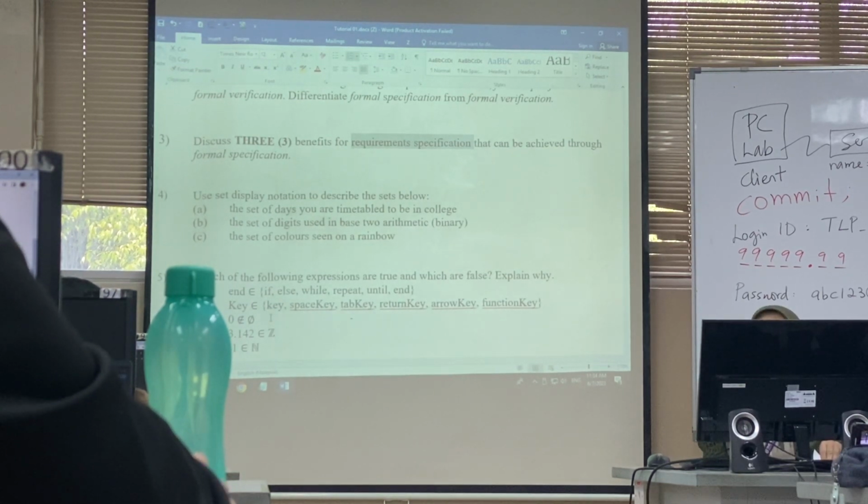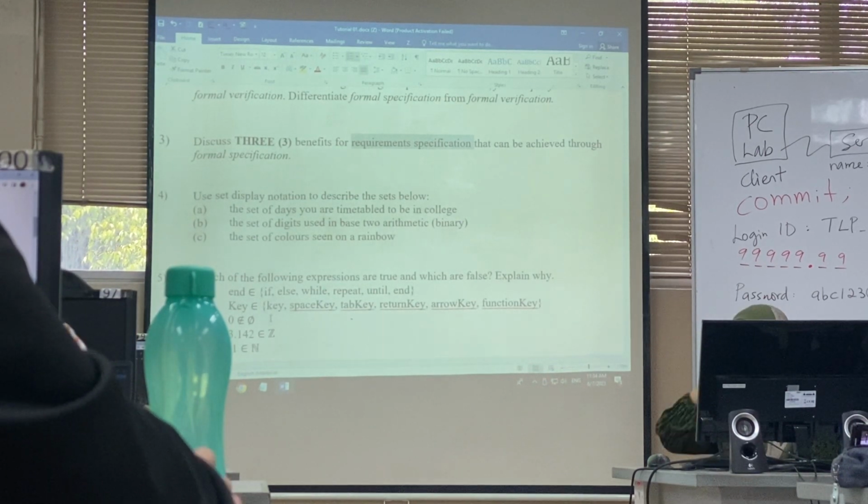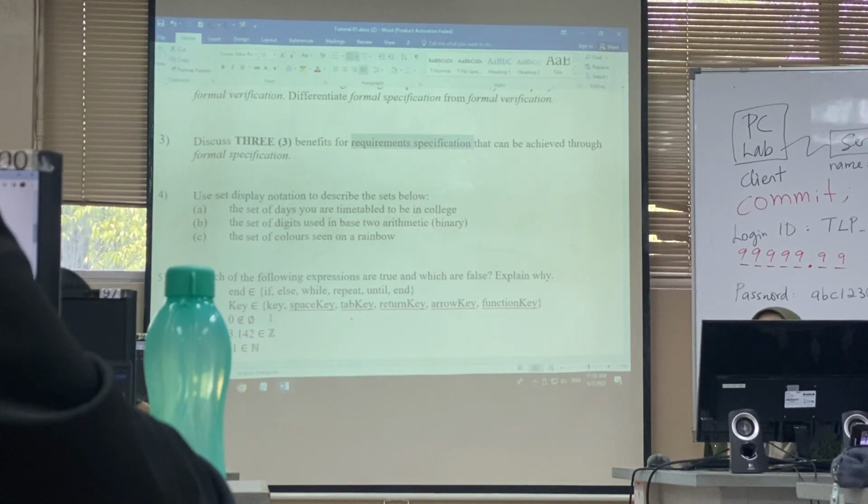Because we are talking about specification here, and specification is more on the requirement, the main benefit is you want to clarify the requirement.